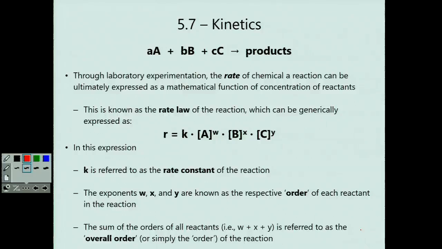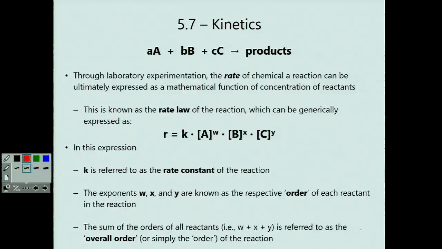So these exponents are referred to individually as the order of each reactant in the reaction. So the way that we say this, we say that W is the order of A. So A has order W, B has order X, C has order Y.